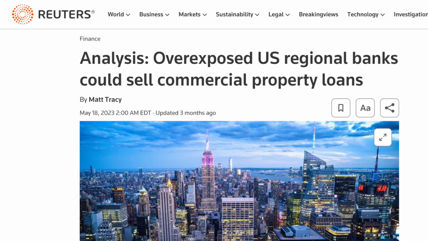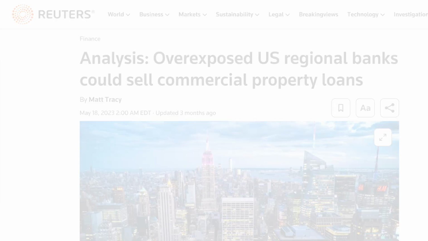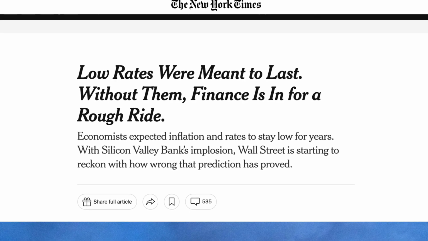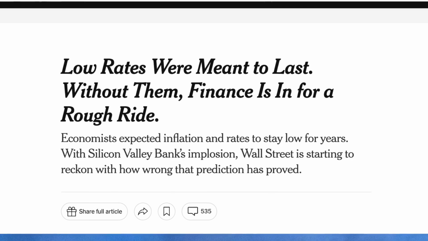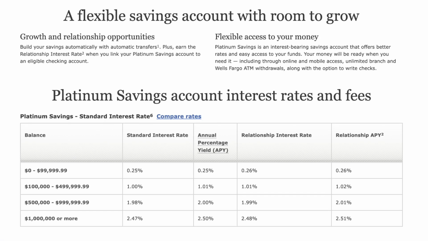So what's going to happen as more and more of that debt needs to be refinanced in an environment with much higher interest rates and banks that are less willing to lend? Even the large banks that are not as affected by commercial real estate are sitting on mortgages and bonds that are paying 2-3% interest. I don't know if you've looked at savings rates, but Wells Fargo, for example, is offering 0.25% interest.